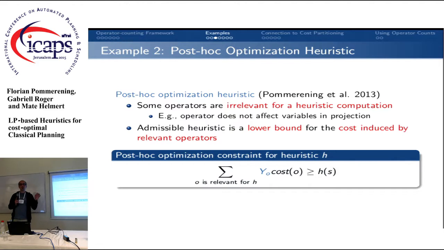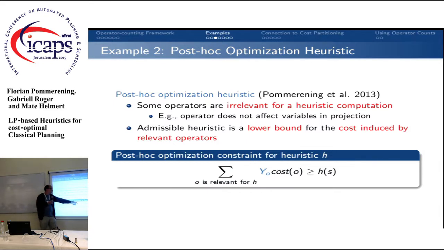And if you have an operator that doesn't mention this variable, then it doesn't actually matter what cost it has. The heuristic value is still admissible. And admissible in this case means that the heuristic value must be a lower bound to the cost of the operators of any plan. And since these irrelevant operators are not interesting in this case, we can just drop them.